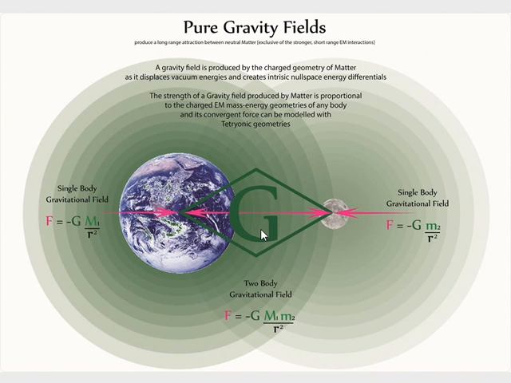In both cases, the convergent fields of both mass matter bodies will be proportional to the amount of mass matter in both geometries, and the force between those bodies could be described with a diamond or an inverse square geometry.